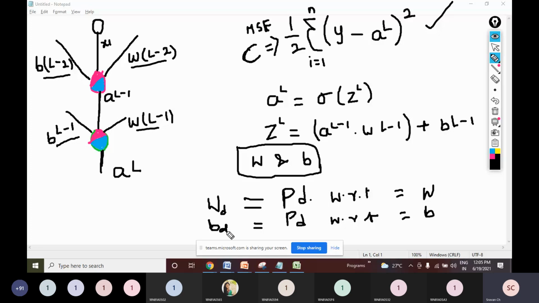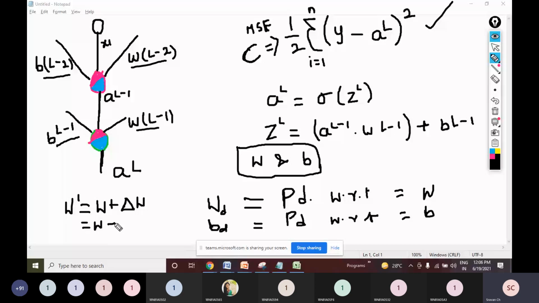So how do we update? What is the delta rule for gradient descent? How should the weight be updated? W dash is equal to the weight you want to update, plus delta W. That is the formula, if you remember. So W becomes W minus eta times WD, minus because we are supposed to reduce the error.